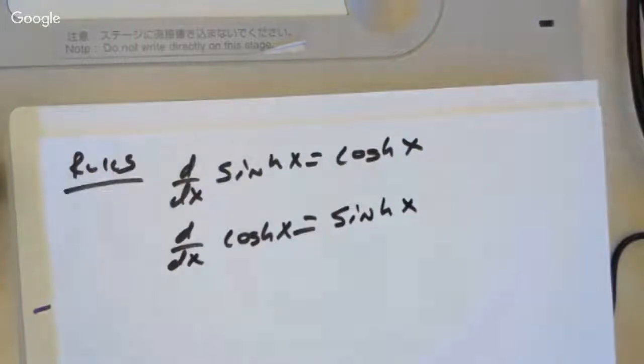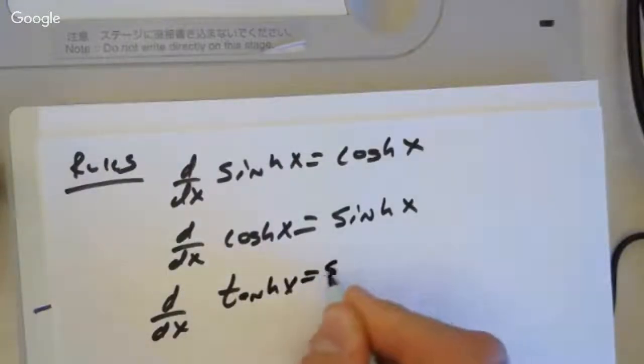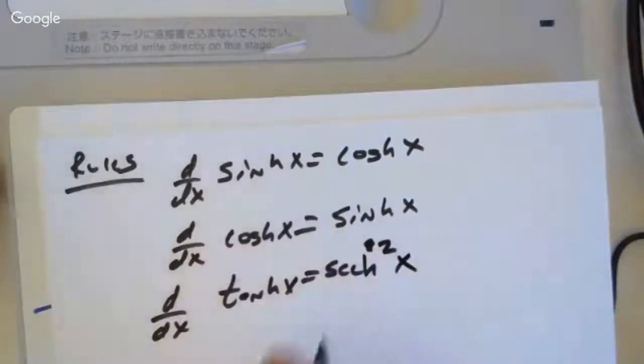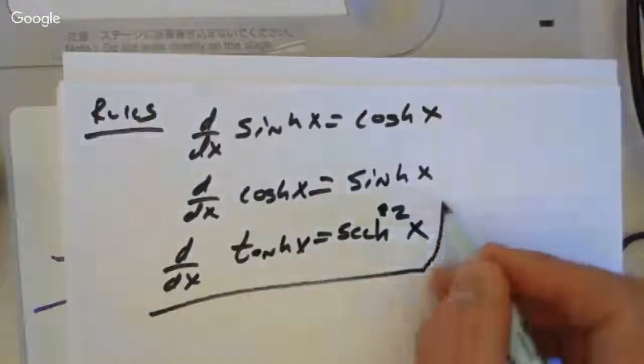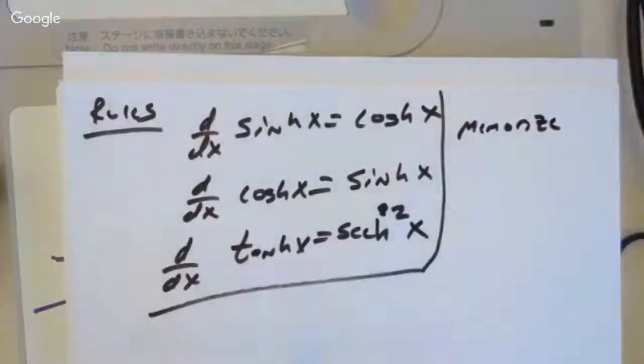It's just the derivative of sine is cosine, the derivative of cosine is sine, and the last one you really need to know is the derivative of tangent hyperbolic is secant hyperbolic squared x. I made a mistake last period. I forgot about that. Okay, these are the 3 you need to have memorized. So remember I told you to make flashcards. You should really be making flashcards of all this stuff we have to memorize. So, if you're really stuck in a dark alley one day, you can just memorize this. That's all you have to know for that.